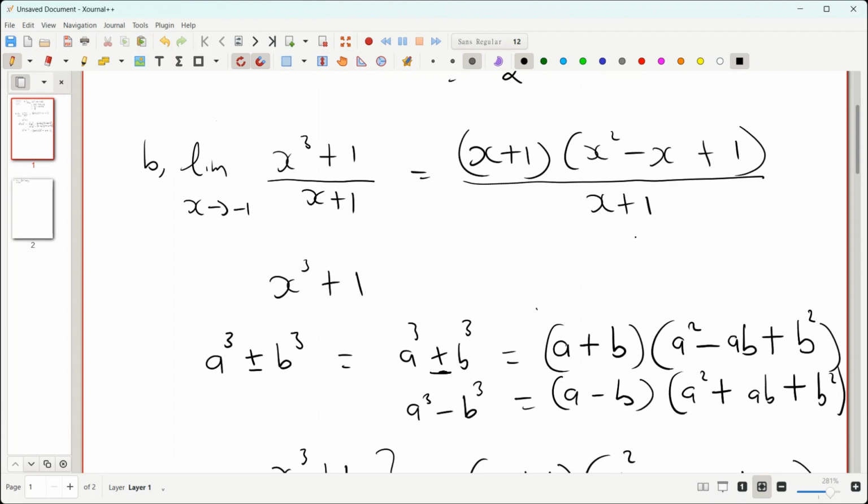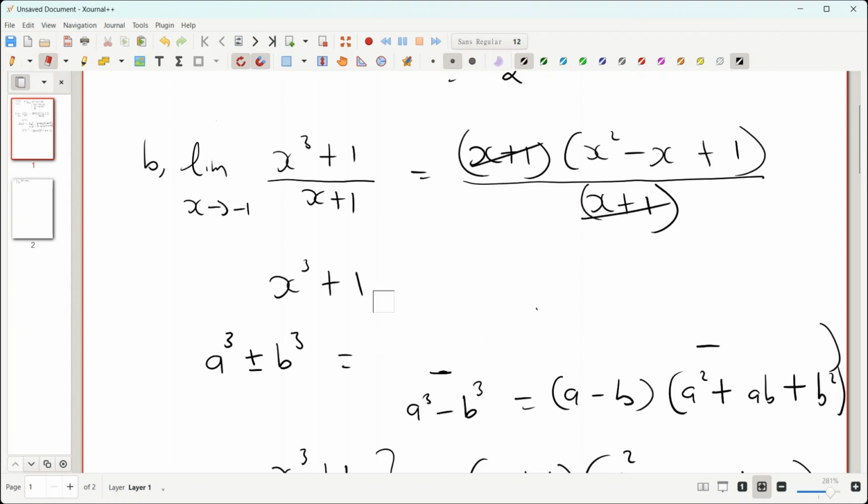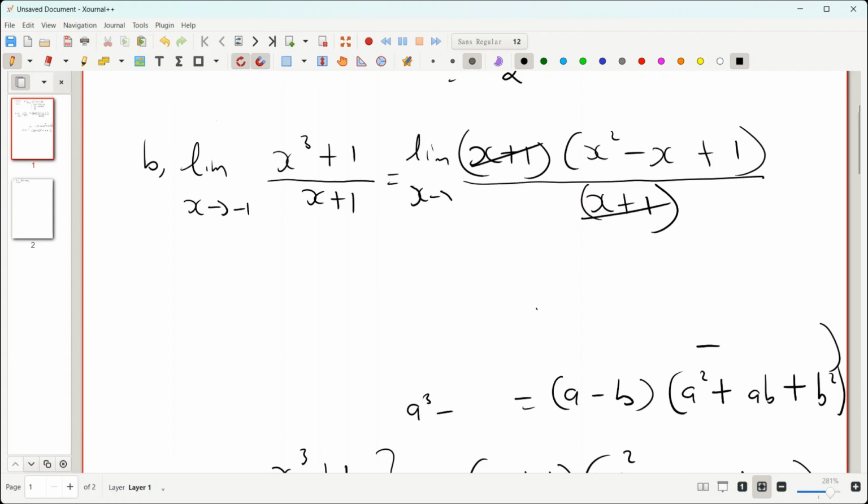So we can quickly see that we have x plus 1 on our numerator and x plus 1 on our denominator, so we can just cancel this. Now we can apply our limits. All the time we need to make sure that we don't get rid of the limit while we are still simplifying this.